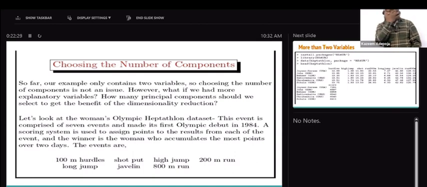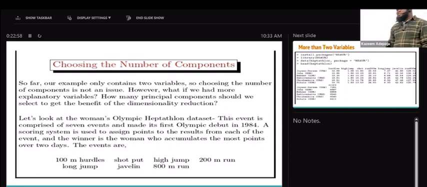And of course, a scoring system is used to assign points to the results from each of the events. And the winner is going to be the woman who accumulates the most points over 2 days. Imagine doing more than one event over 2 days. You do hurdle, you do shot put, the same person doing high jump, 200-meter run, long jump, javelin, 800-meter run.